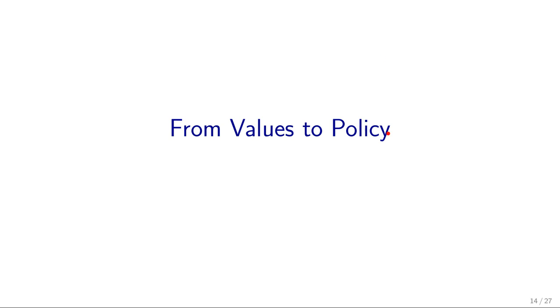But really, what you're after most of the time is the policy. The value iteration is one way of getting you to the policy with this extra step, which is policy extraction. But we want to learn about this other method, which works directly on the policy, and it has some advantages over the value iteration.